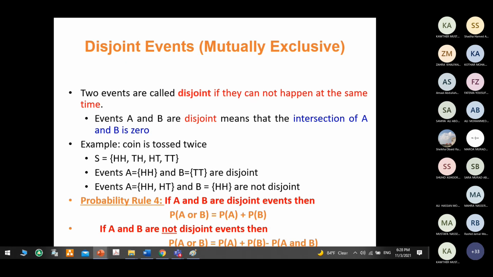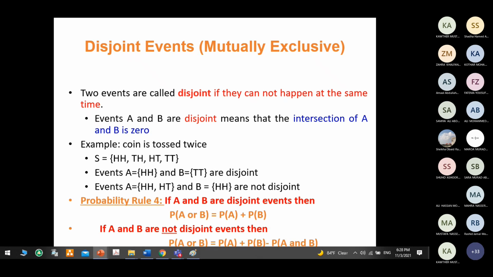A probability rule. If A and B are disjoint events, then the probability of A or B is P(A) plus P(B), because there is no intersection between them. They cannot happen together.